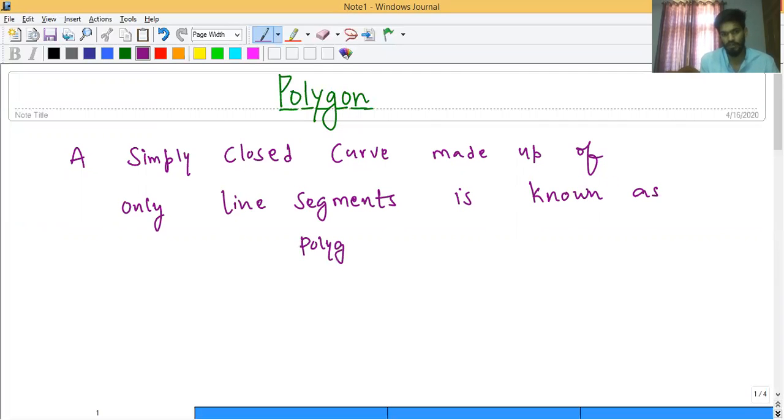So basically when we talk about polygon, two things we can keep in mind. First of all, closed curve. Second thing, made up of line segment.